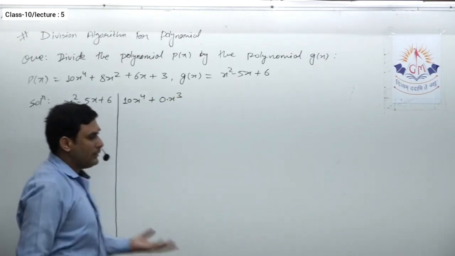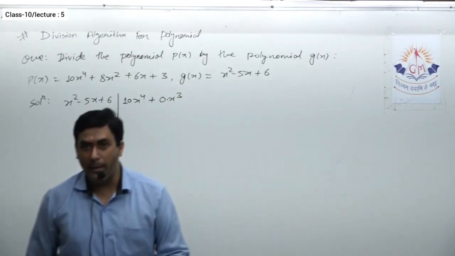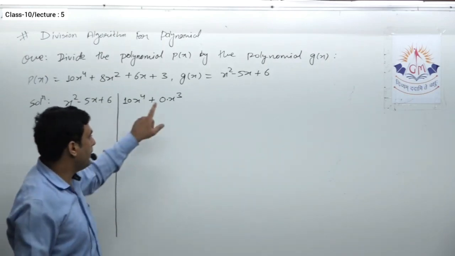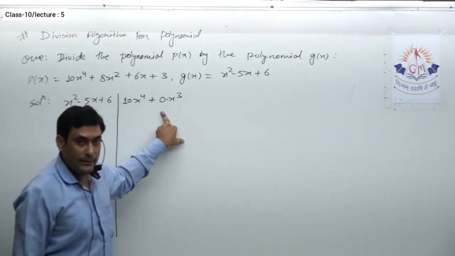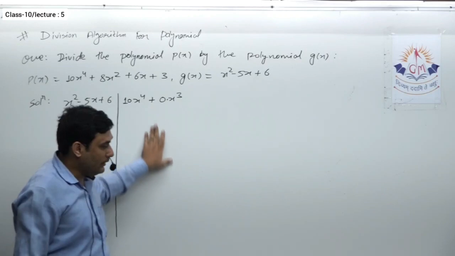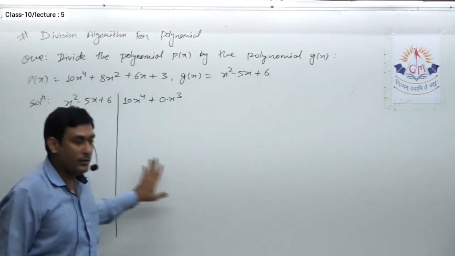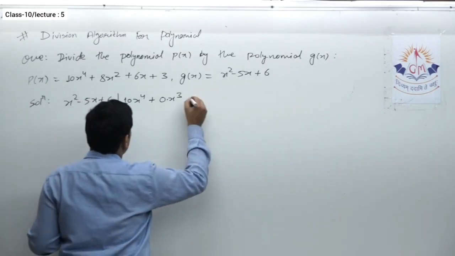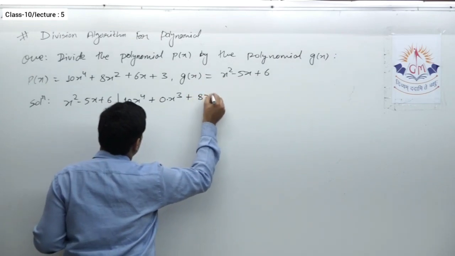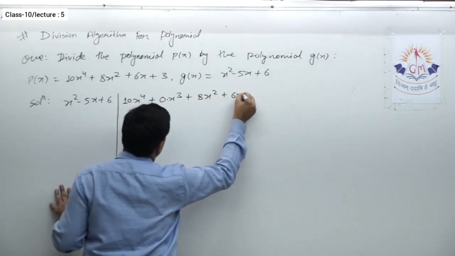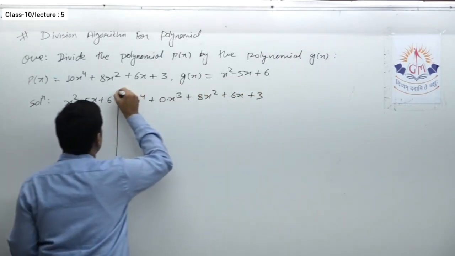Either I write plus 0x cube or minus 0x cube, doesn't matter, but there must be a term. Why that term should be there, you will get when I solve this further. Next is 8x square, then 6x, then finally plus 3.